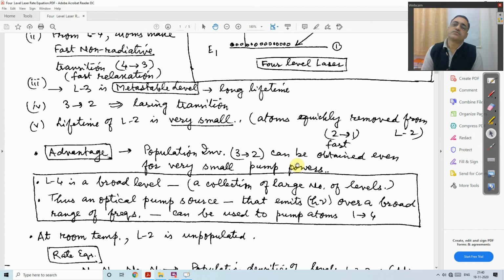Now, level 4 is a broadband level, a collection of large number of levels. Thus, an optical pump source that emits photons over a broad range of frequencies can be used as a pump to lift the atoms from 1 to 4.